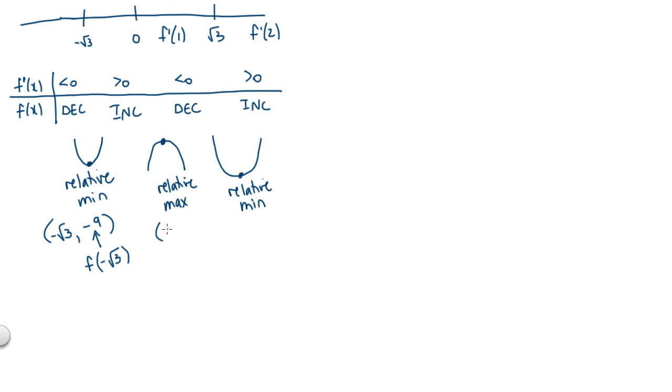Our relative maximum happens when x is 0. Again, we get the y value from going f of 0, which is 0. And our relative min, our other relative min, happens at the x value √3. To get the y value, we'll have to plug √3 into our original function, and we'll get -9. So that is part B all done.